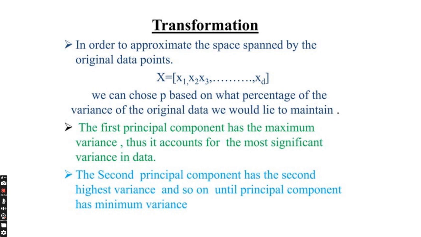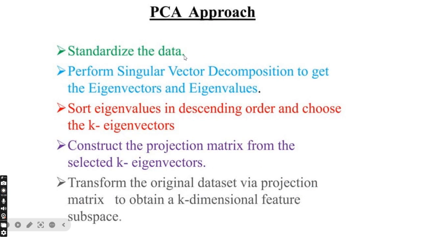It uses X as a data set, xi, with i equal to 1 to n, and transforms dimension D into dimension P. P is always less than D. We have to extract the features, and we have to decide what percentage of variance of the original data we would like to maintain, and then we choose P. The first component has the maximum variance, the second component has the second highest variance, and so on, until the last component has the minimum variance. This is for the transformation.